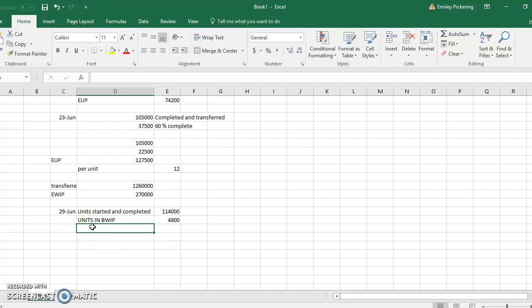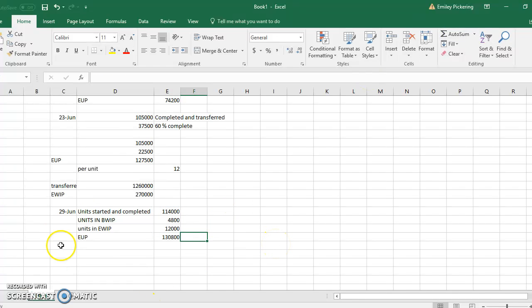And the next part is the units in ending work in process. And that's going to be my 16,000. And then they said that was 75% complete. So that's going to be 12,000, which means that next month I'm going to incur 25% of this cost, because this month I incurred the 75%. So my equivalent units of production here is 130,800.